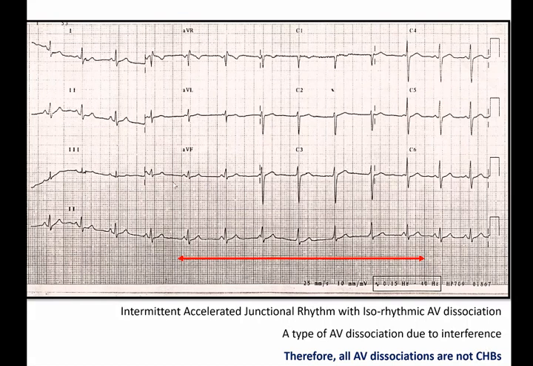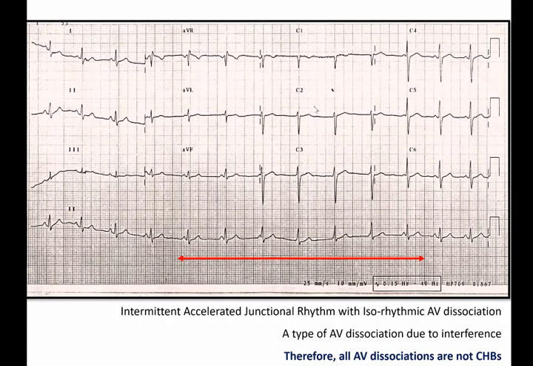We just saw an example of complete heart block with AV dissociation. We saw an example of ventricular tachycardia with AV dissociation. This is another example where there is neither complete AV block nor ventricular tachycardia, just an accelerated junctional rhythm. And so AV dissociation is not synonymous with complete AV block.